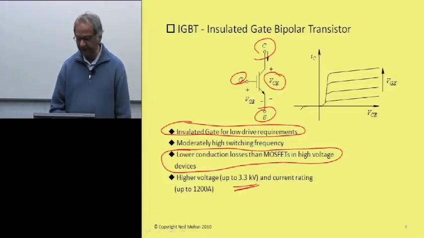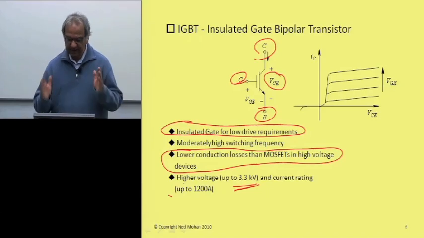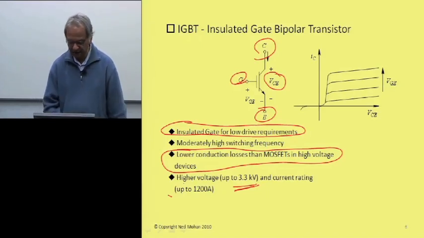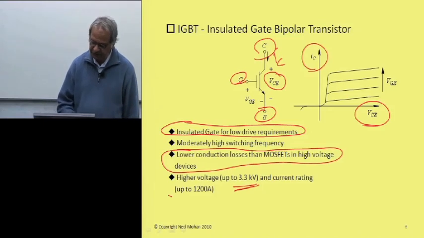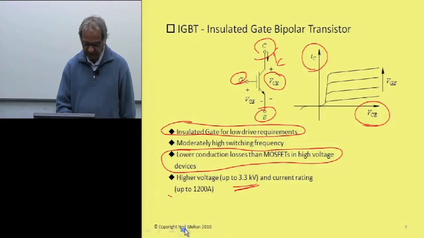These devices are available, and current ratings in hundreds of amperes, and you can parallel them to get whatever you want. So the characteristic of this device, the collector current here, I sub C, and the collector to emitter voltage for various values of gate to emitter voltages are shown here, not unlike those in MOSFETs.